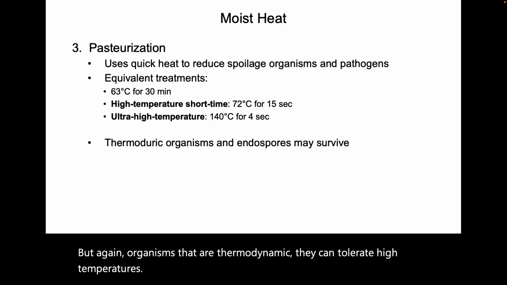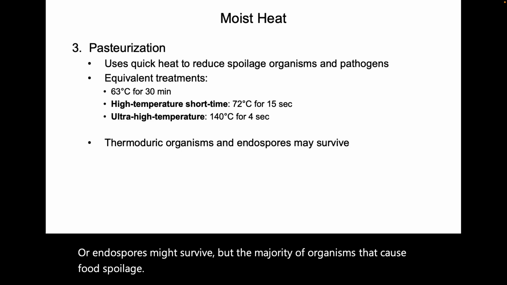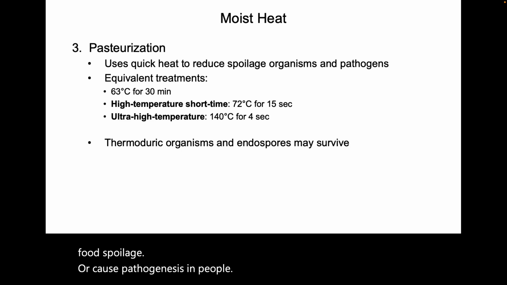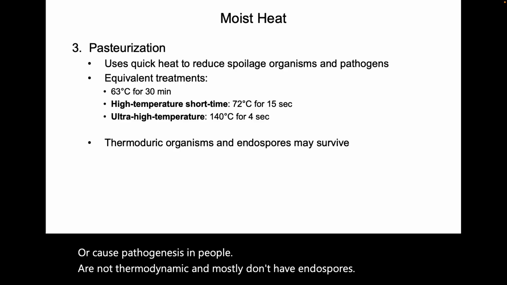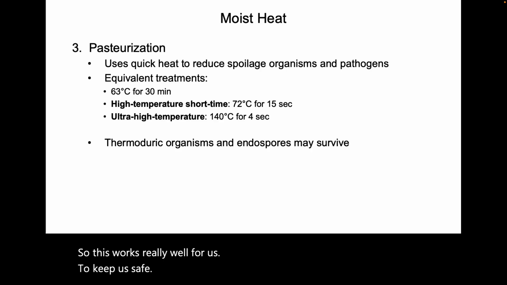But the majority of organisms that cause food spoilage or cause pathogenesis in people are not thermoduric and mostly don't have endospores. So this works really well for us to keep us safe from our food.